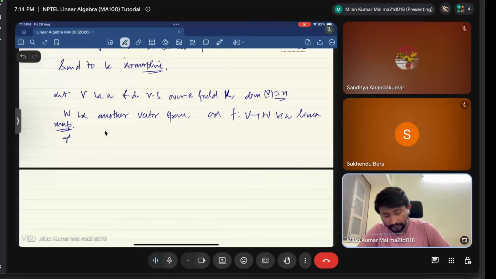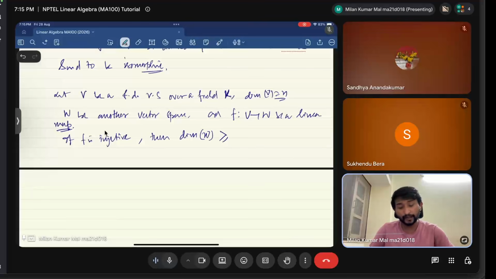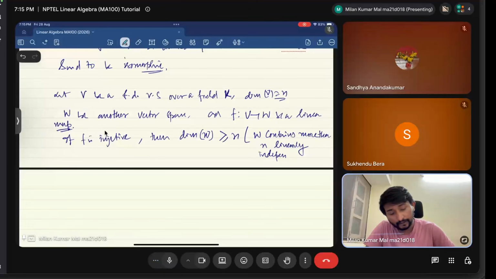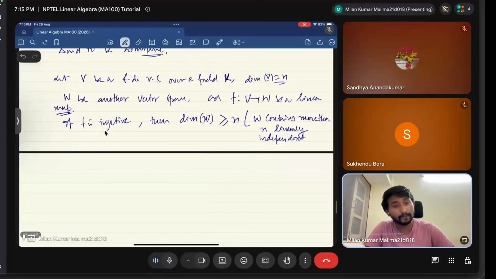So here, if f is linear and injective, then the dimension of W must be greater than or equal to n. What does this mean? This means W contains at least n linearly independent vectors. Why does this happen?